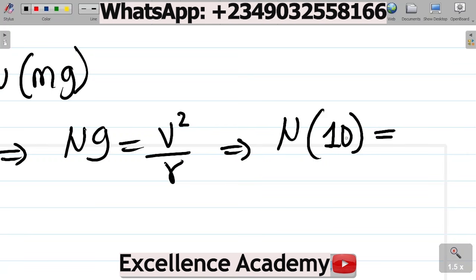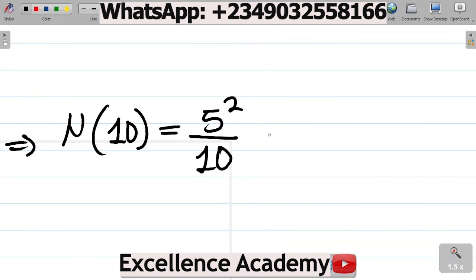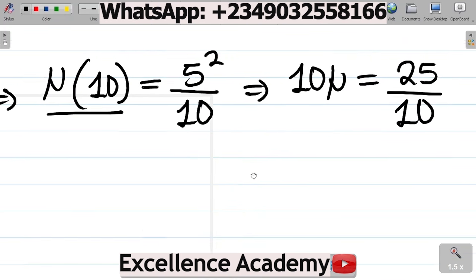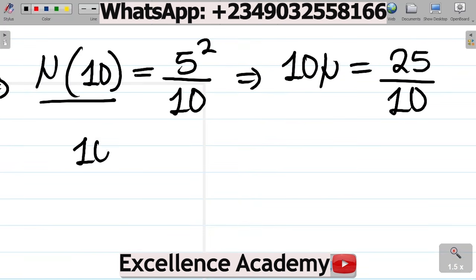The value of v is 5, so that becomes 5 squared all over the radius r, which is 10. So we have 10 mu is equal to 25 over 10, that's 2.5.